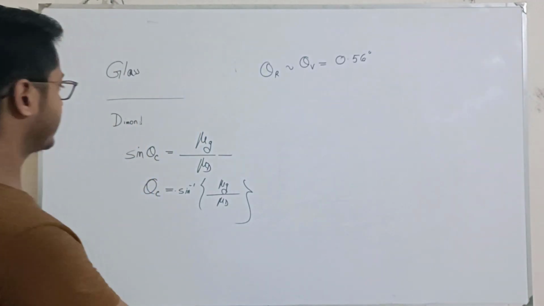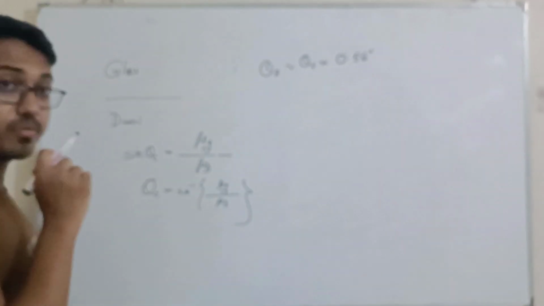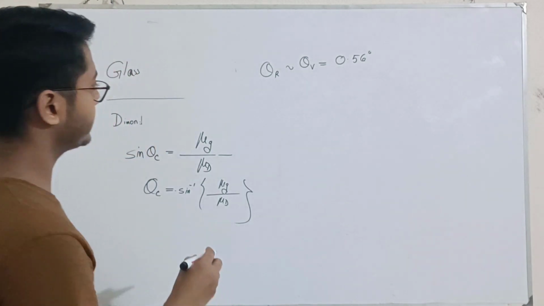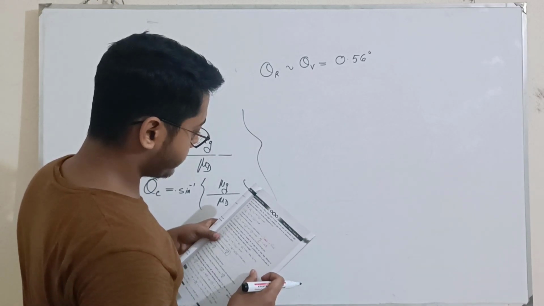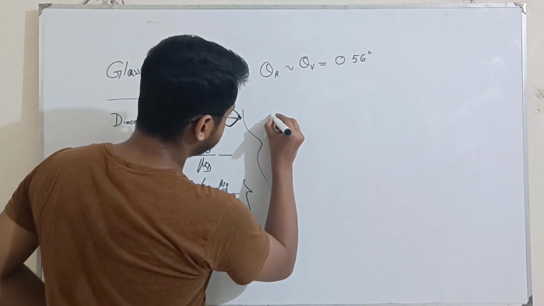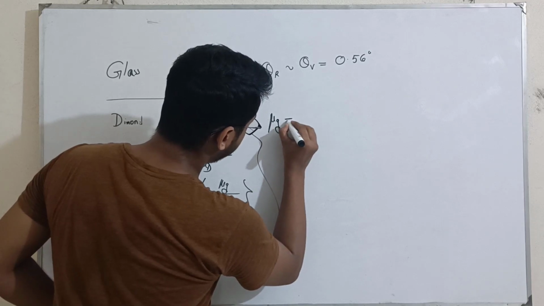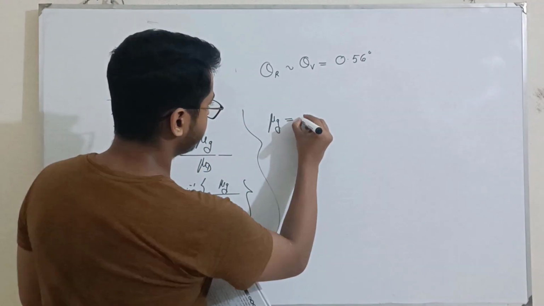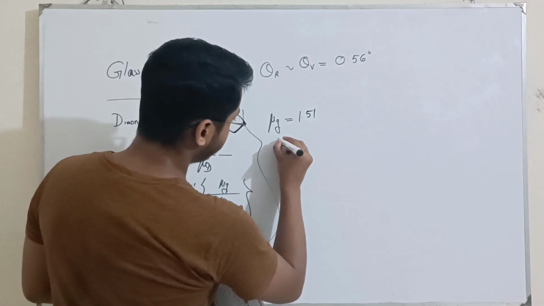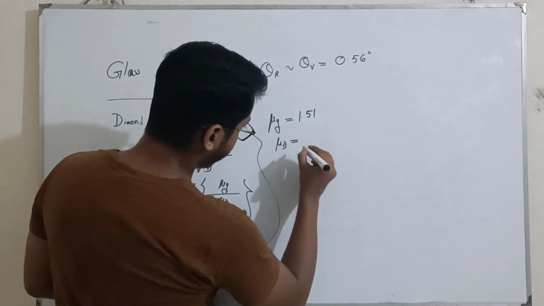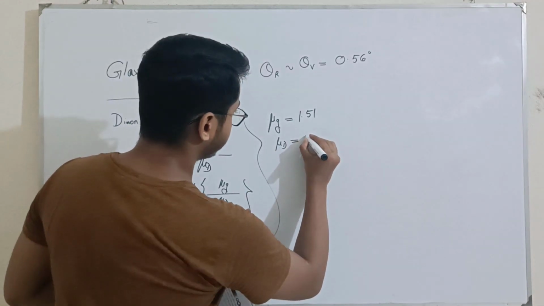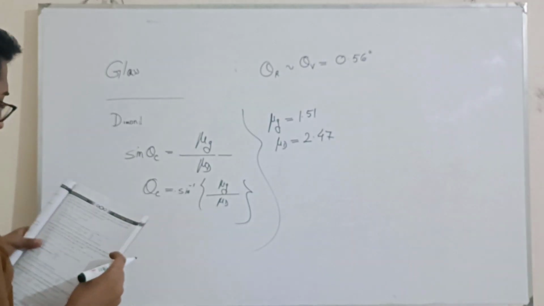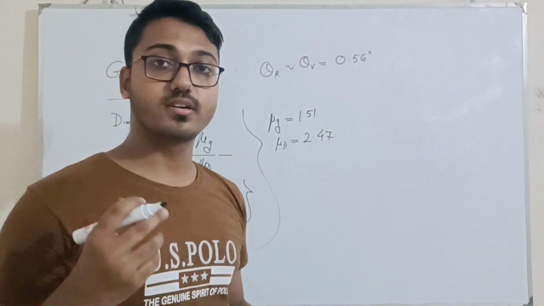So to determine that, notice one thing from the previous math. It was given that the refractive index of glass is 1.51, and the refractive index of diamond was 2.47. And we got the critical angle of glass was greater.